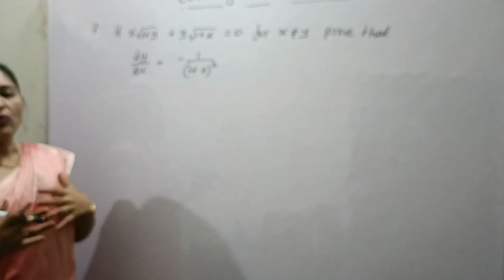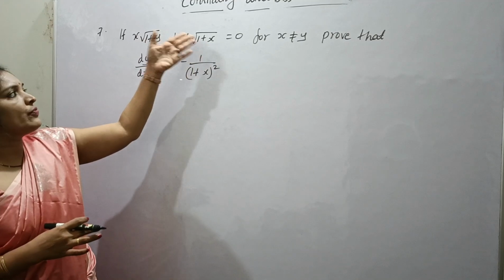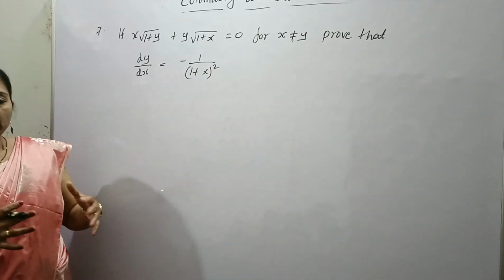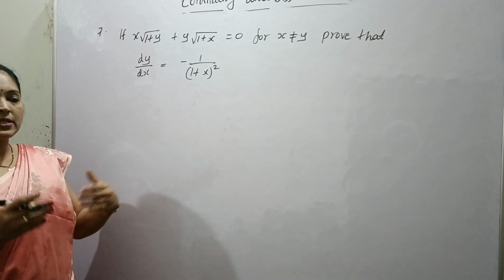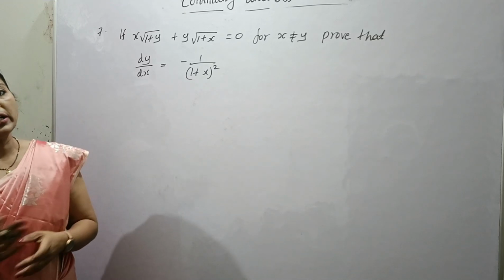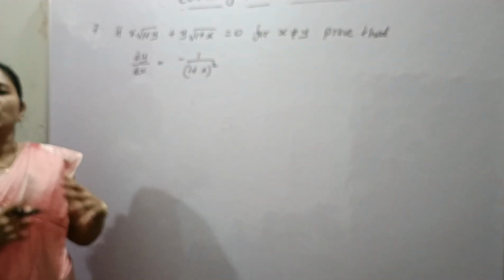Usually, how will you find dy by dx? You will find dy by dx by differentiating this equation with respect to x on both sides. But after finding dy by dx, you will get not only x terms, you will get x and y terms, it will be shuffled. Then you will struggle to change these y terms to x terms.